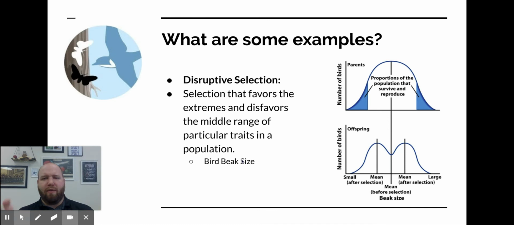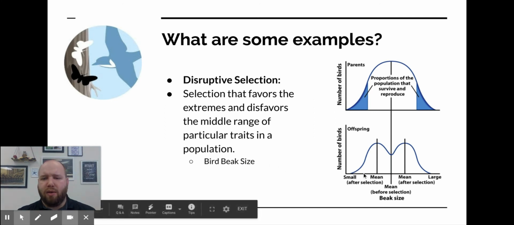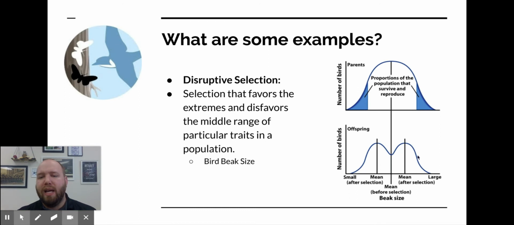If you have a population and there's two types of foods that they eat, you will see this population diverge into small beaks, let's say eating small insects, and then large beaks that are eating things like nuts and seeds that need to be cracked by a larger bill. And so you'll see this diverging of this population into two distinct areas.